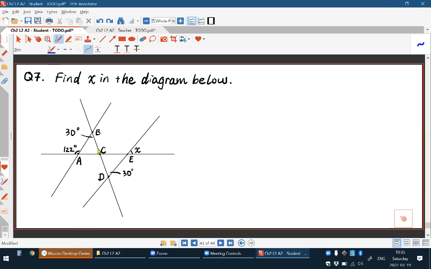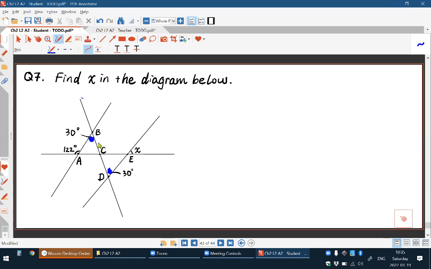Seems that we can, right? Because this angle here equals this angle here, right? And note here, this line here is the transversal of these two lines. And this pair of angles is actually called, what do they call?